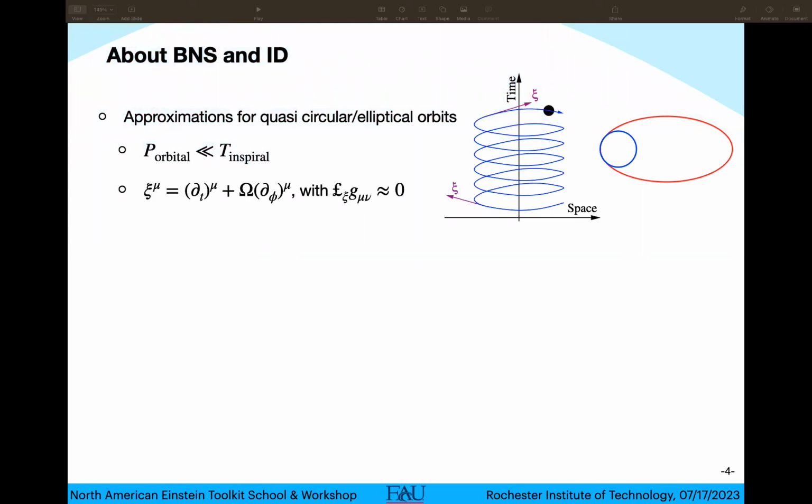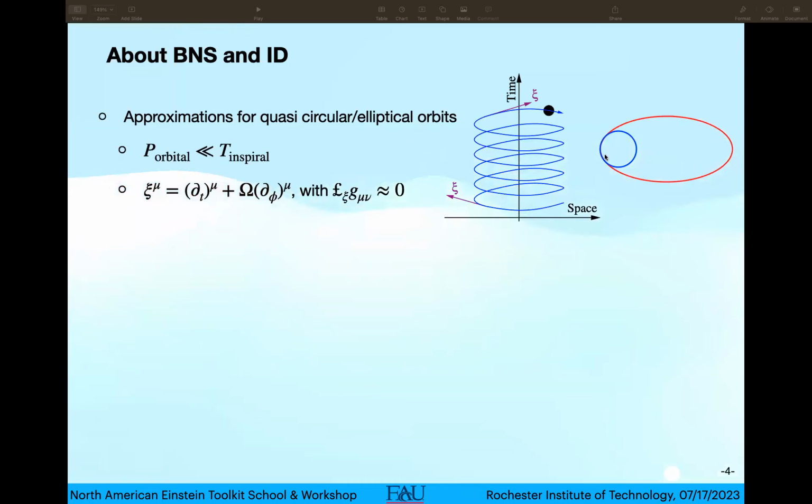And the second equation tells us about the second approximation we need to make. We have this tangent vector psi over here, and it is separated into its part related to the time and the part related to the space. So this component points toward the future, and this component points in some spatial direction.